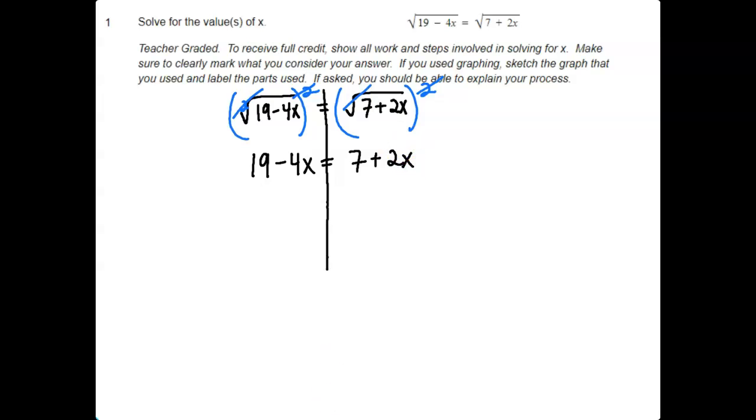From here, this is pretty simple because we just have x to the first power, x to the first power. We can just solve like normal. I can't simplify the left or the right side, so I can go straight into solving. I want to combine my x's together, so inverse here to move this to the other side.